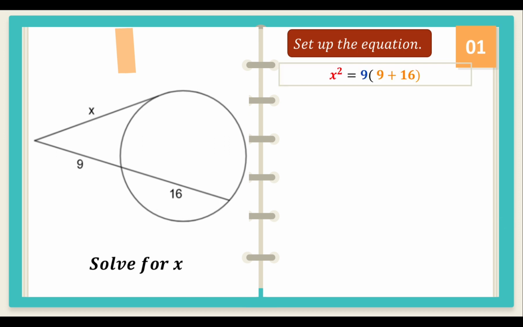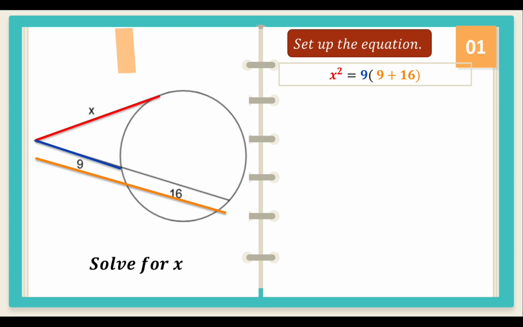That is x squared, x being the tangent segment, is equal to 9, which is the outer segment of the secant segment, multiplied by the whole secant segment, which is now the sum of the measures 9 and 16.